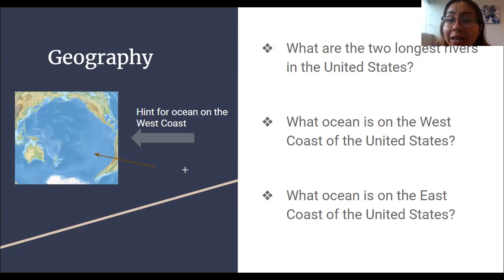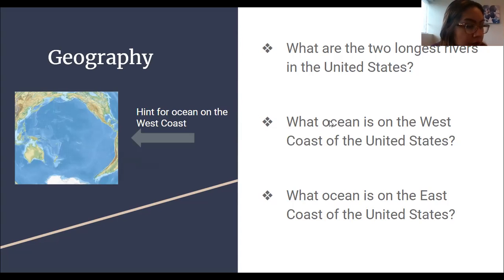So the ocean that is on the west coast of the United States is the Pacific Ocean, as seen right here where the little arrow is at. And so let me just try to clear this. And so that is the ocean, again, that is located on the west coast.